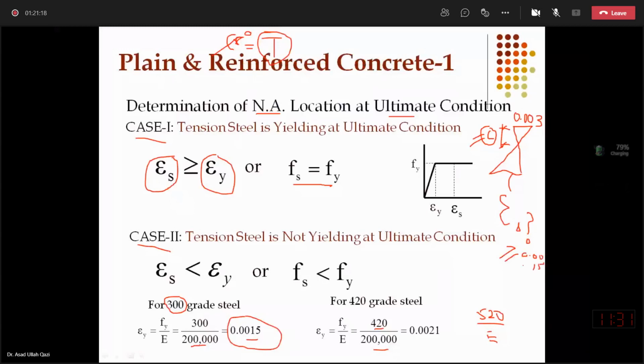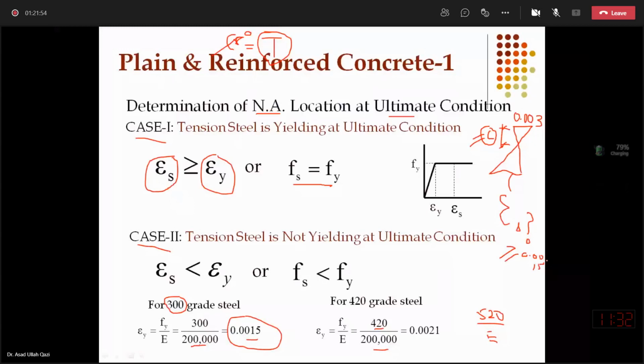Much desirable is that before crushing of the concrete, steel has excessively yielded, because yielding in the steel will create sag, a warning. It will improve energy dissipation and ductility of the beam. So it is always desired that steel should yield first, and then concrete will approach its crushing.